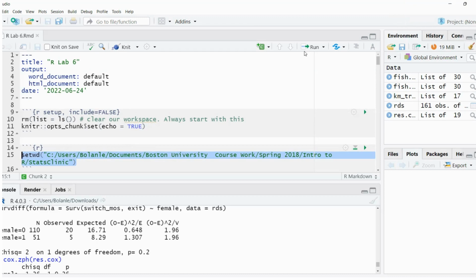Okay. I'm trying to reset the working directory.